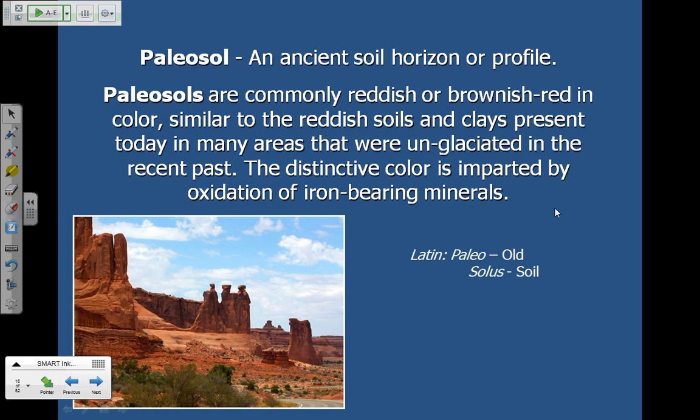This is because oxidation of iron-bearing minerals is going to supply this reddish color. So we can look here and see this nice reddish color indicative of oxidation of iron-bearing minerals. Oxidation is simply rusting. You leave your car out, your car rusts, basically, right? And so that's what's happening in our soils to our iron-bearing minerals.